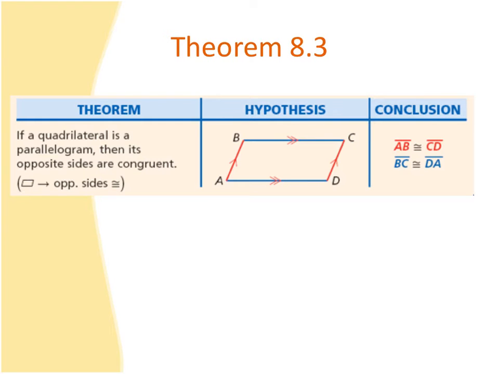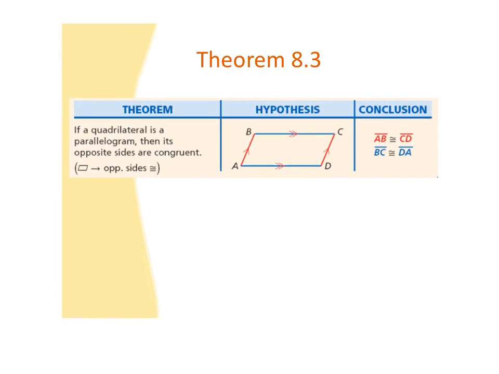All right. Next one, here we're actually seeing it as a theorem. Now, in the previous slide in our definition, it said that all we need to make our quadrilateral a parallelogram is two pairs of parallel sides. Now, we're going to get more specific, and in theorem 8.3, it's also going to state that opposite sides are congruent.